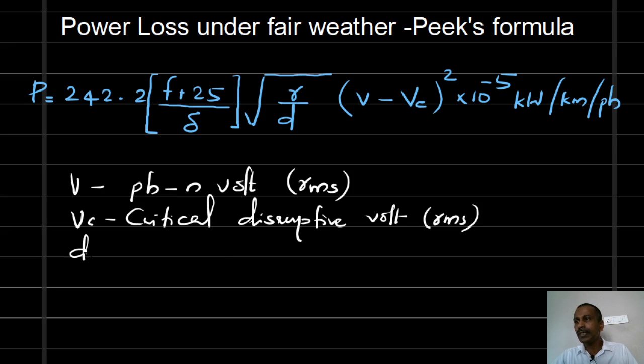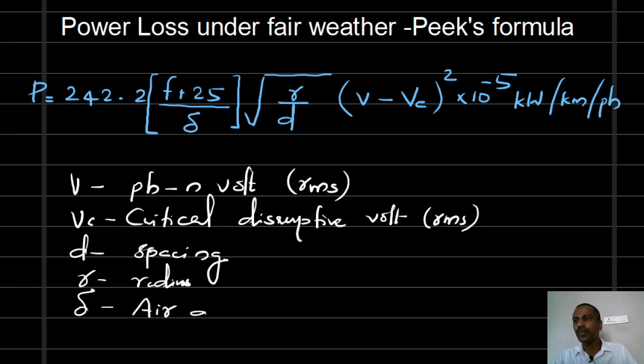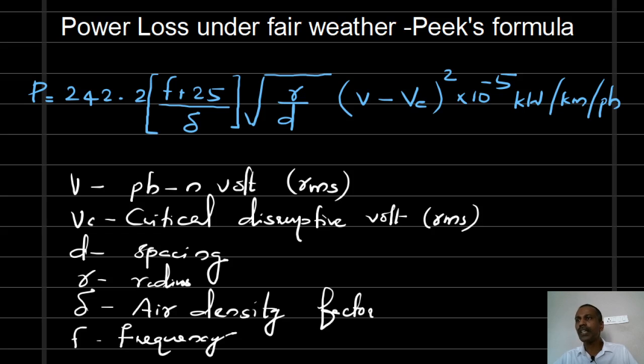And D is the spacing, R is the radius, delta is the air density factor, and f is the frequency. So using this formula we can find out the power loss under the fair weather condition.